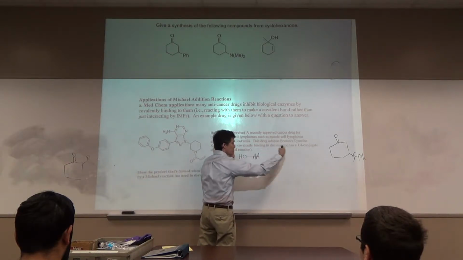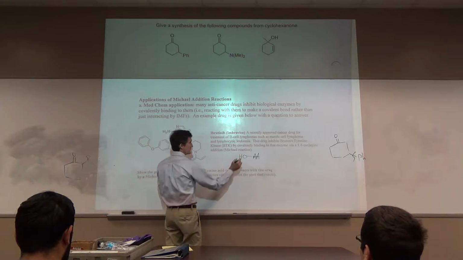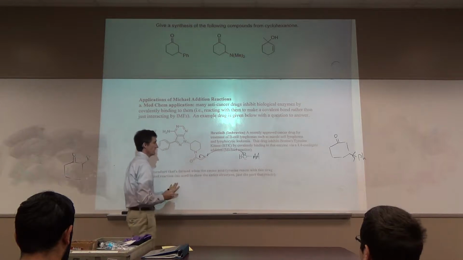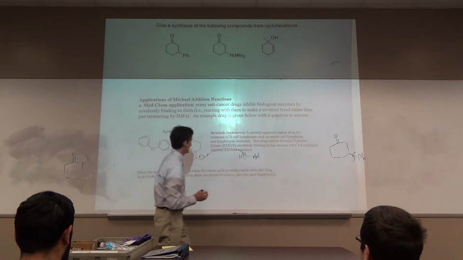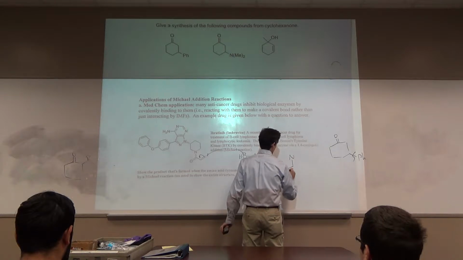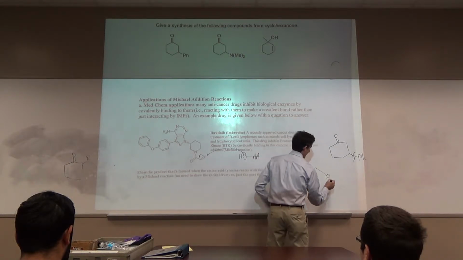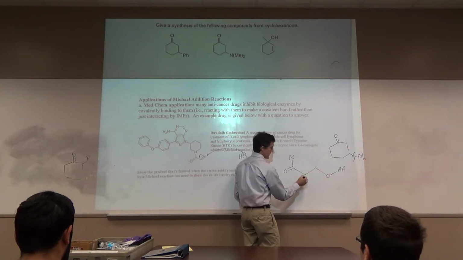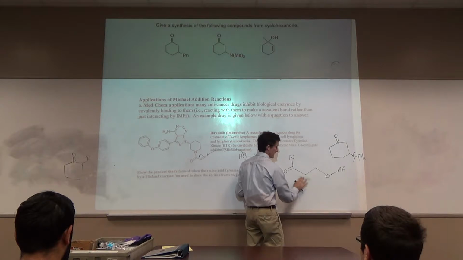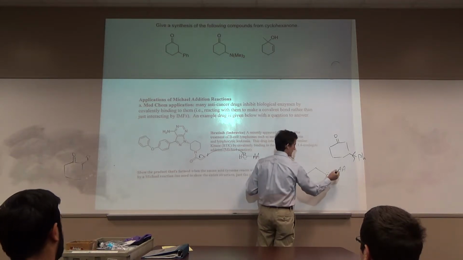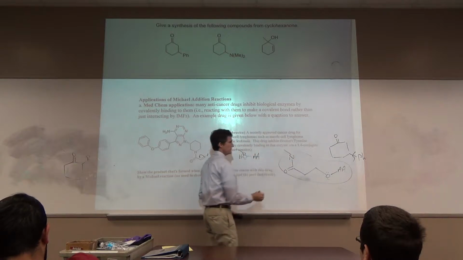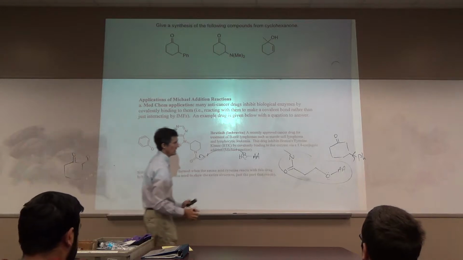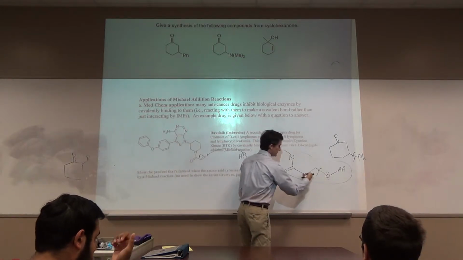Here's your enzyme, and it does a certain thing. This guy comes in, and the enzyme actually reacts here, does a Michael addition. We end up having the oxygen bonded there. Anion here, right? But the anion can pick up an H. Now the enzyme is covalently bonded to the drug.